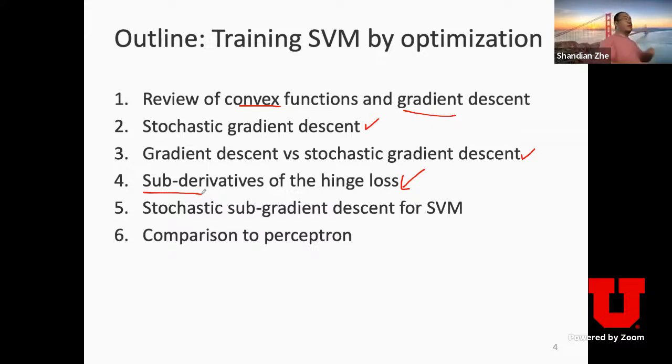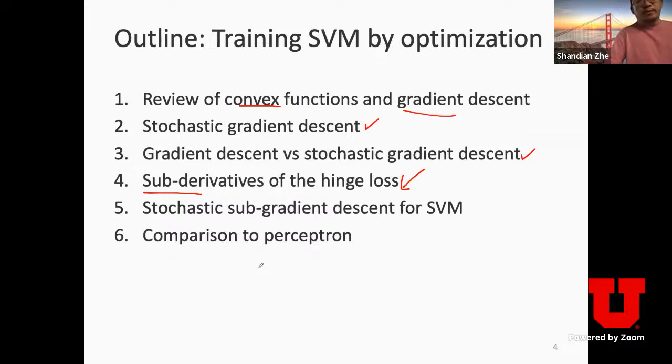So if we connect back to the perceptron discussion, we know that perceptron is kind of like lazy learning, right? Every time I look at the current example, I try to use my model to make a prediction. If my prediction is correct, I don't do anything. I do nothing. And if my prediction is wrong, I apply some kind of heuristics to update the model, right? So we'll see that this whole procedure, including no updates and those heuristic updates, can be viewed as a particular type of subgradient for some loss function.